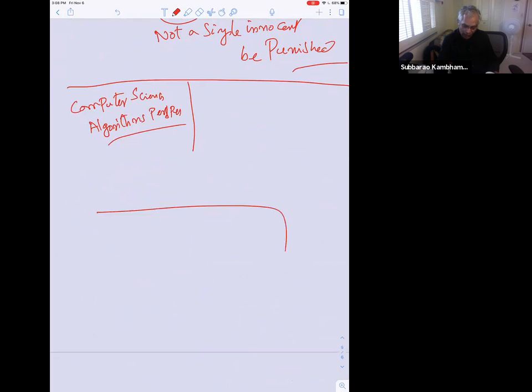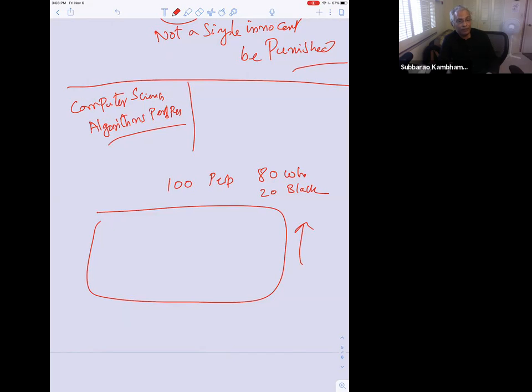If I have, let's say, 100 people, 80 are white, 20 are black, and I have a system that is being used to decide some property of all these people. It can have differential accuracies. It may have an accuracy on the entire population, but its accuracy on a subset might suck.